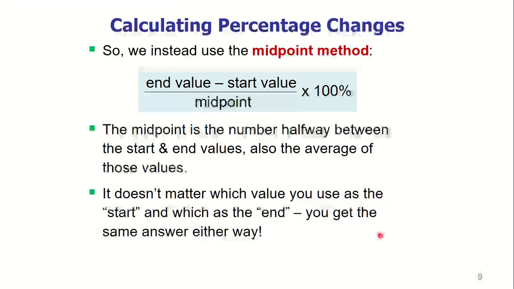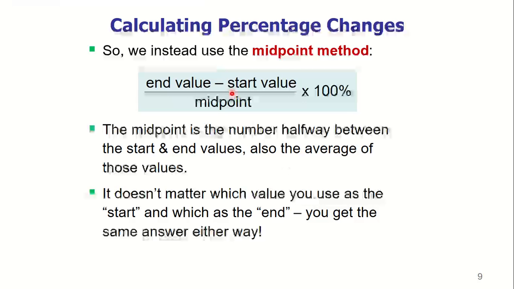To avoid this, we use what is called the midpoint method. When calculating percentage changes, we simply take the end value minus start value. However, instead of dividing by simply the start value, we take the midpoint.